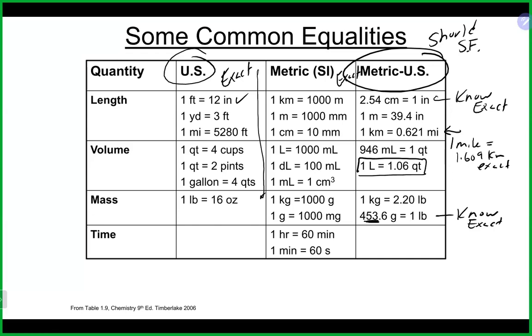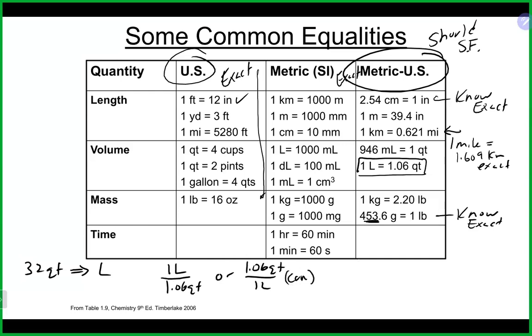So if we had, I don't know, 32 quarts and we wanted to know how many liters that was, from this equality we could write 1 liter over 1.06 quarts, or 1.06 quarts is 1 liter, as our conversion factors.